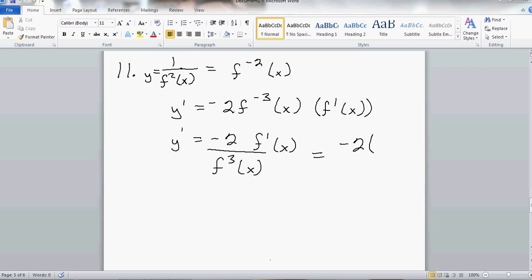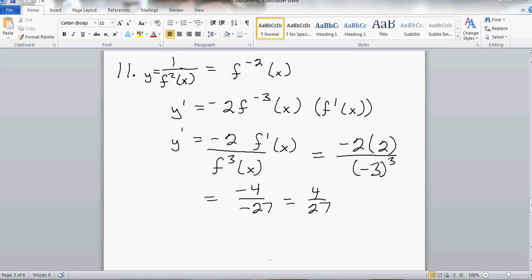The derivative of f at 4 is 2. I just got that from the table. And then I need f cubed of x. Well, x is still 4, so f of 4 is negative 3, so I need to know what is negative 3 cubed. Now that we've got this, it's pretty simple to do the calculation. Negative 4 over negative 27, which equals 4 27ths. Final answer is 4 27ths.